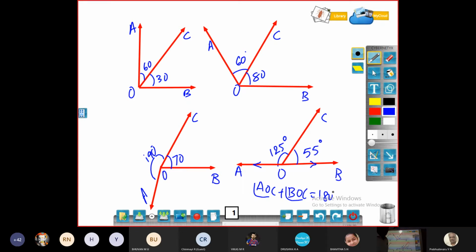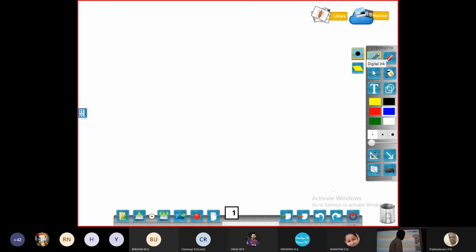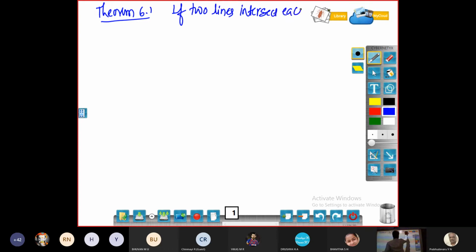So let us go to another important theorem, theorem 6.1. If two lines intersect each other, then the vertically opposite angles are equal.